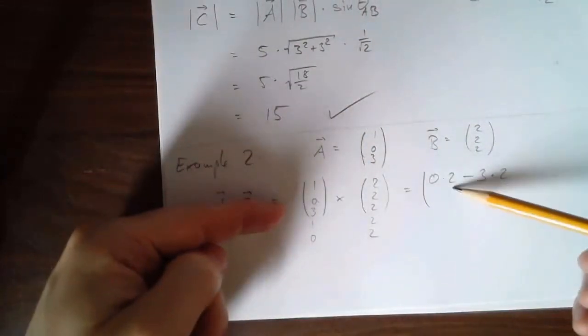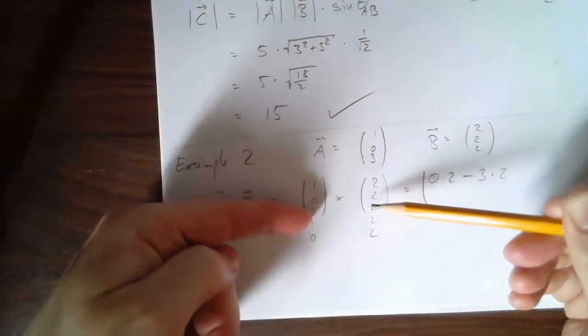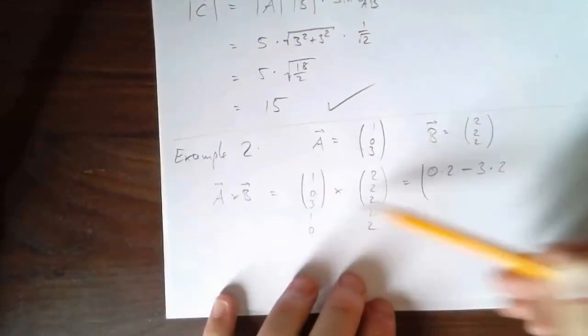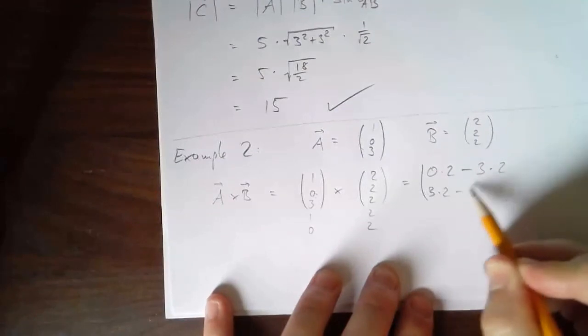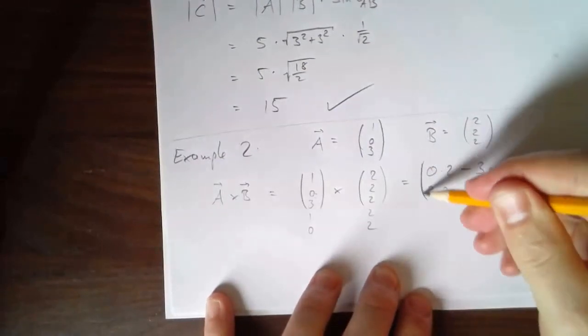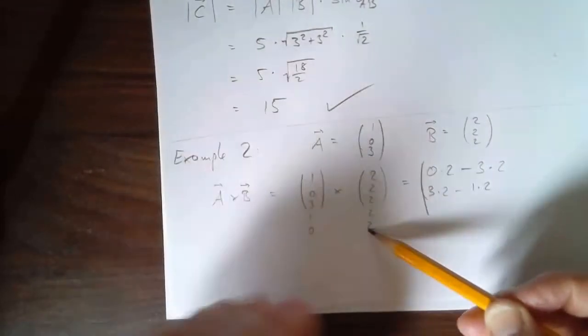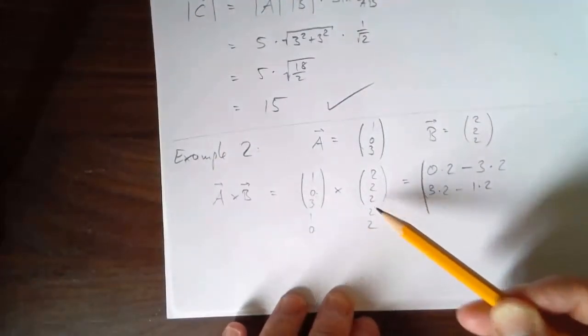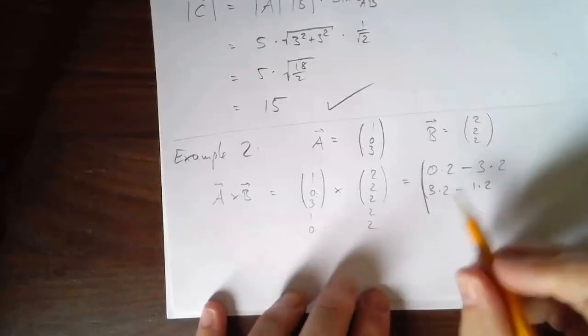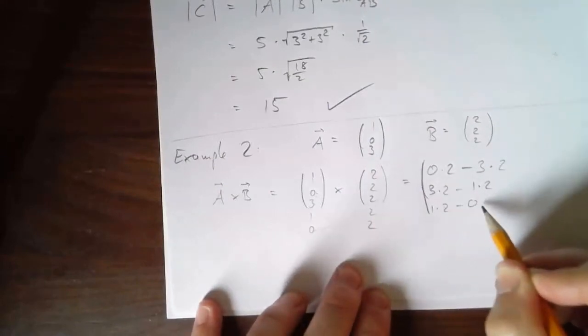Then for the y value, I'm going to move 1 down, 3 times 2 minus 1 times 2. And then for the z value, I'm going to move 1 down, 1 times 2 minus 0 times 2.